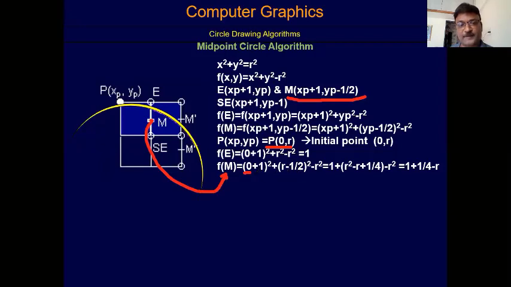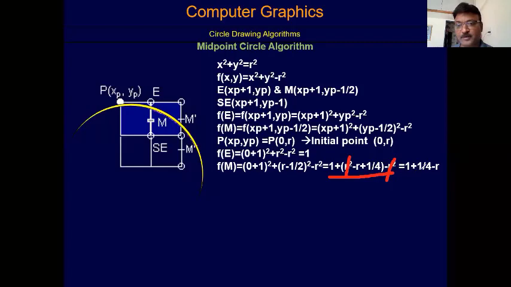So this becomes my first equation. See, x square plus y square: (xp plus 1) whole square, (yp minus 1 by 2) whole square, minus r square. Now solve this. Once you solve this, it becomes 1 plus r square minus r plus 1 by 4, minus r square. Now the r square cancels. 1 minus r plus 1 by 4.